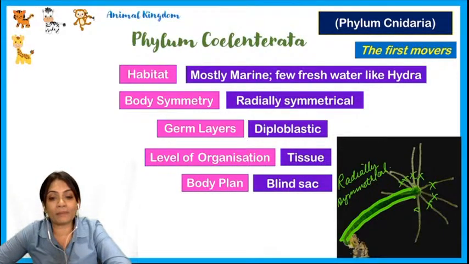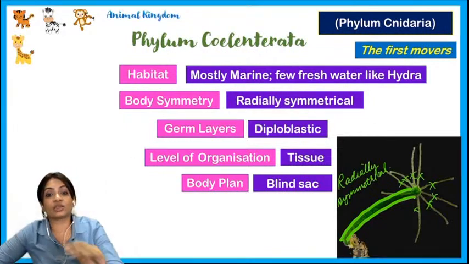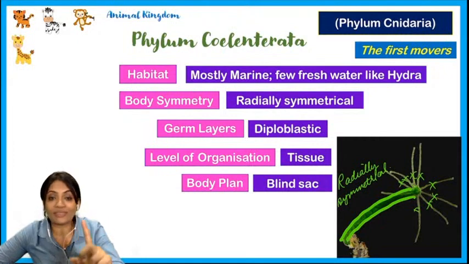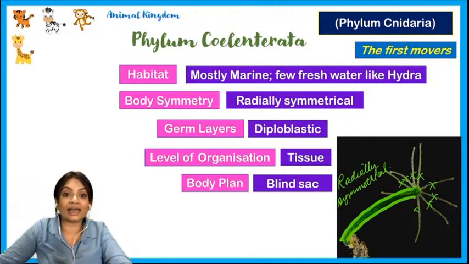Then talking about the body plan, it is a blind sac, which means that there is only one opening. That opening is going to be common for the mouth and the anus, which means that it is an incomplete digestive system.